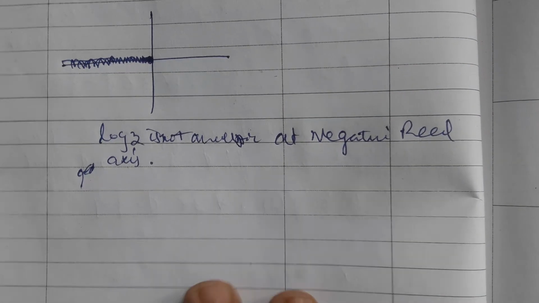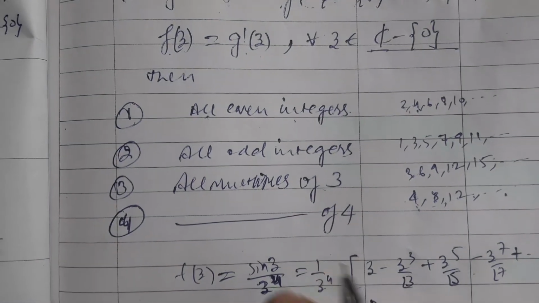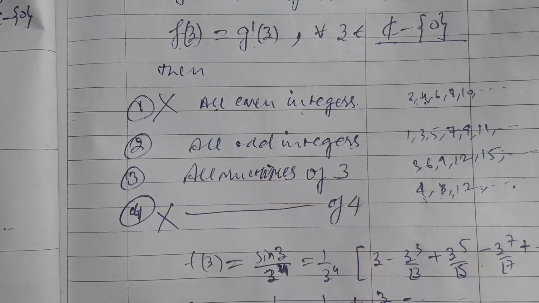So my option for all multiples of 4 is false, and all even integers is also false.